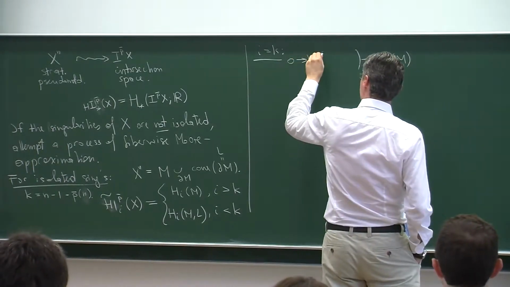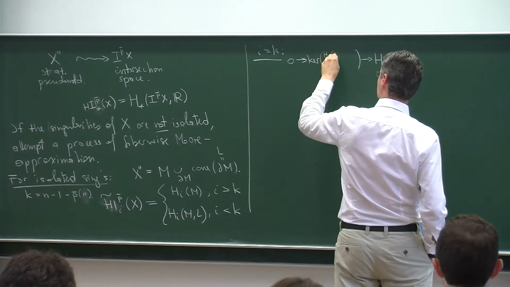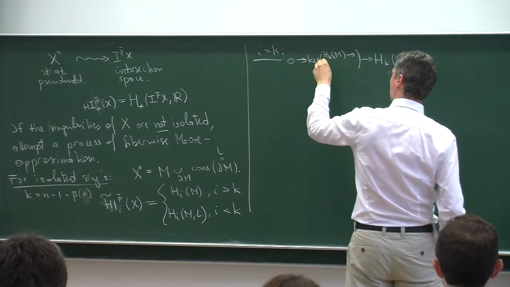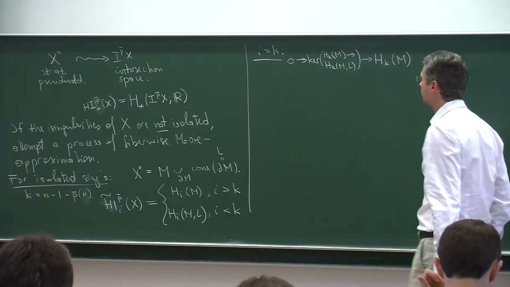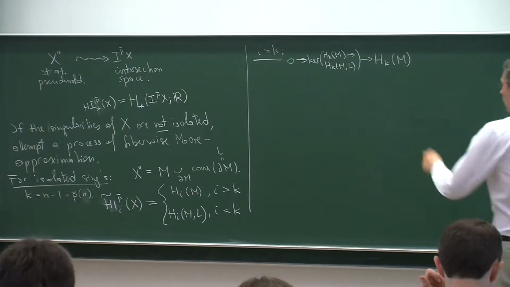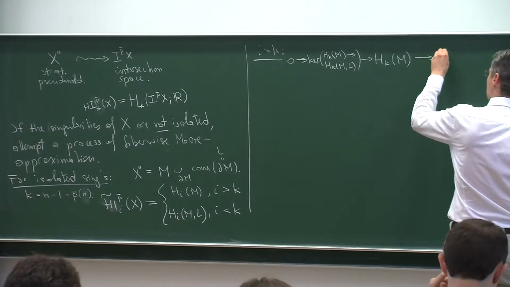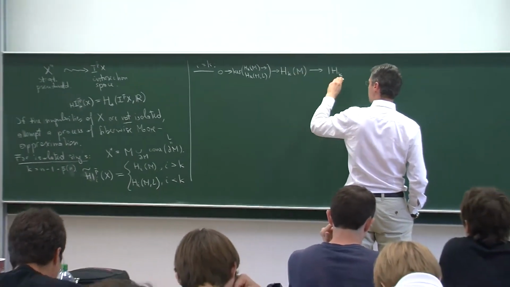The map is the canonical map induced by the inclusion from the absolute homology to the relative one. And so the quotient is, and this we know already, intersection homology. We've computed this earlier in the course. So this is intersection homology. So it's a quotient of the absolute homology.